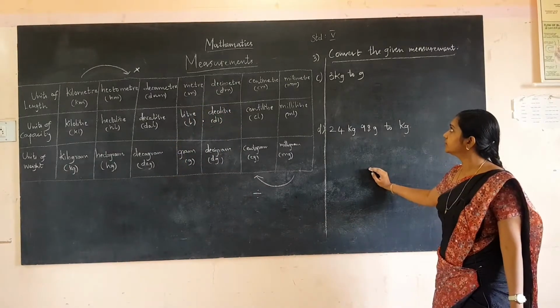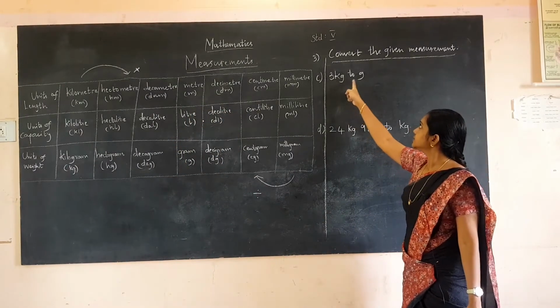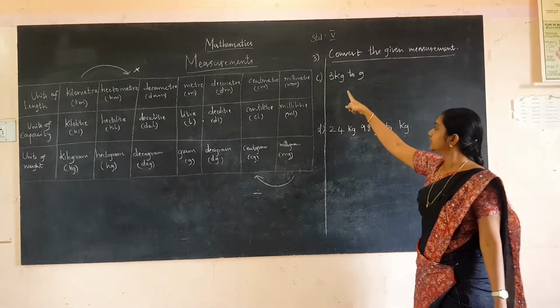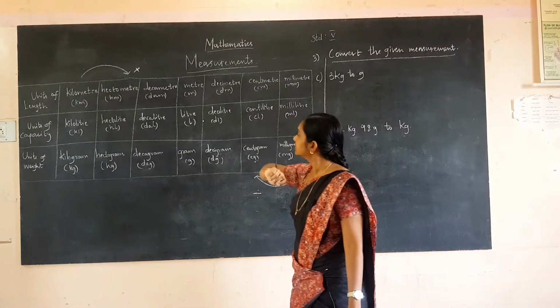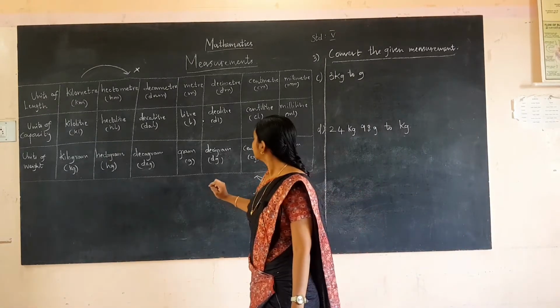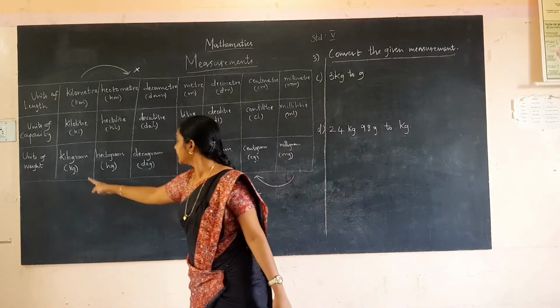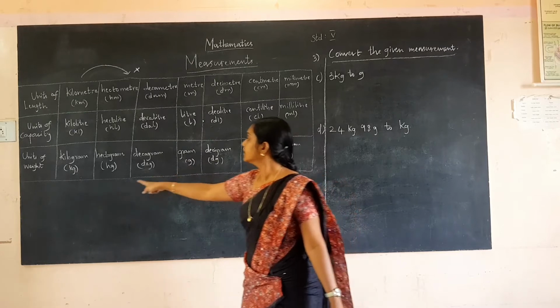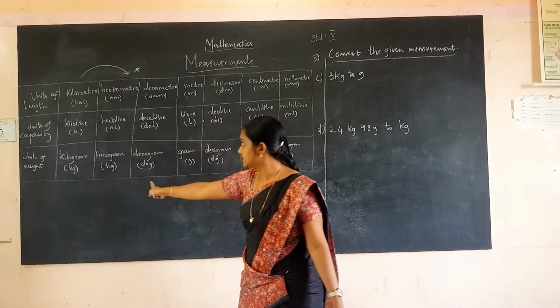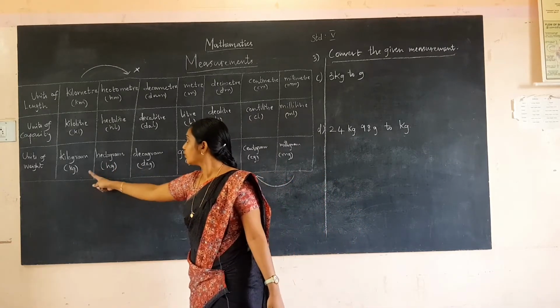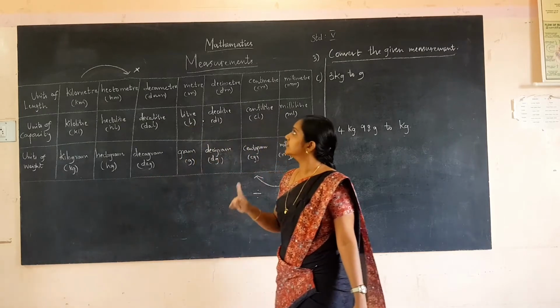Next we are going to convert 3 kg to gram. We are going to convert kilogram to gram. Kilogram to gram, so we have to multiply. We are moving 1, 2 and 3, 3 places.